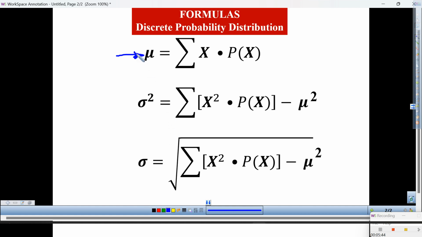Mu, yes, but what does it stand for? Help her out, Jaden. That is correct. This is the mean. Label that in case you forgot.